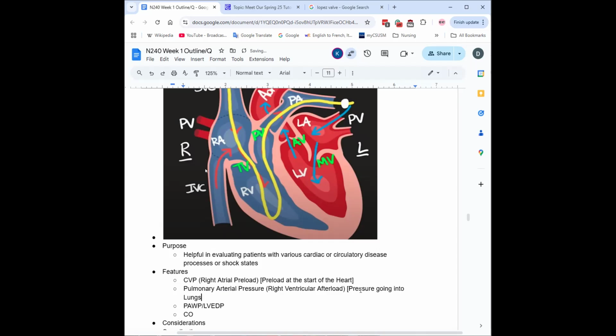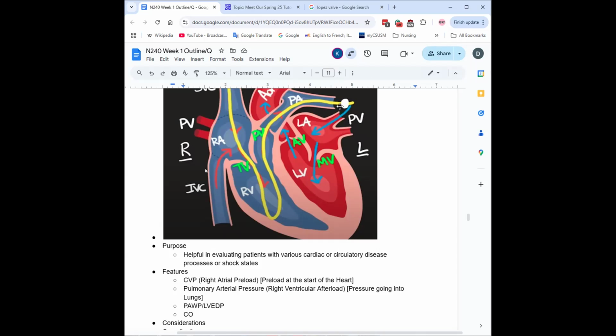Your pulmonary wedge pressure is essentially kind of like an estimate. It utilizes the little balloon at the end of the catheter. It essentially pumps up and occludes it. And because of the occlusion, we're able to see essentially the pressure happening in front of it.